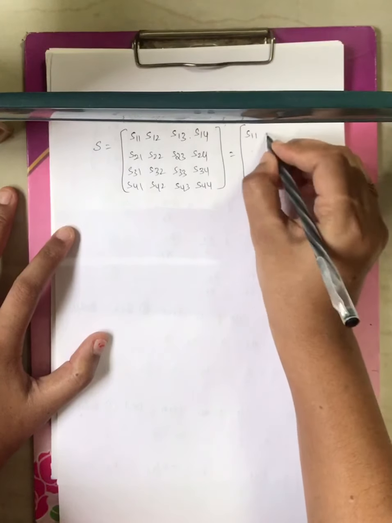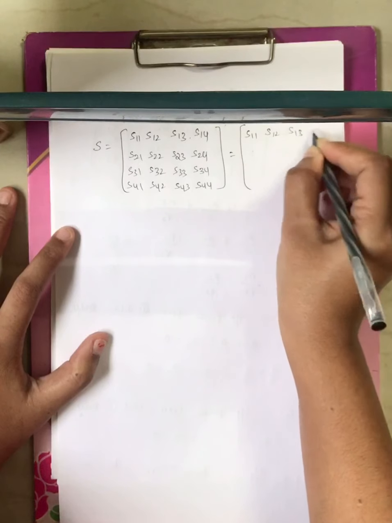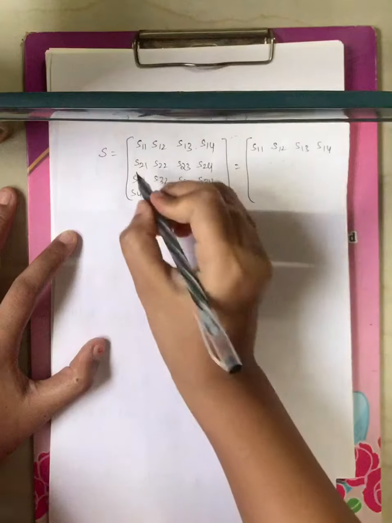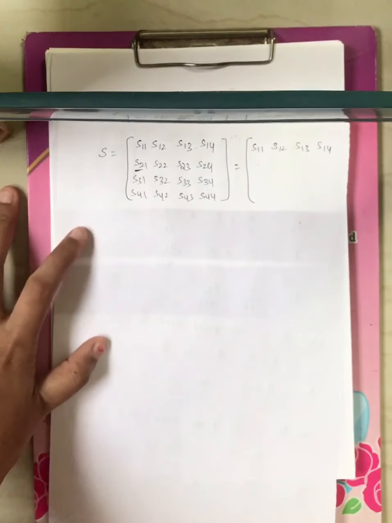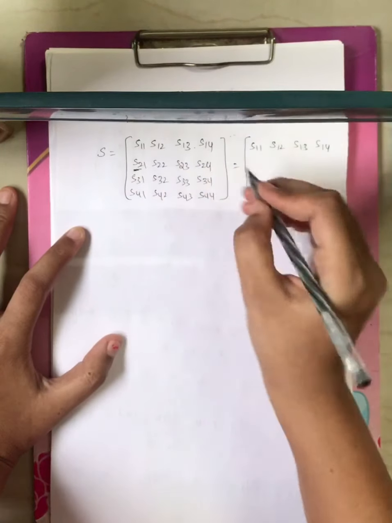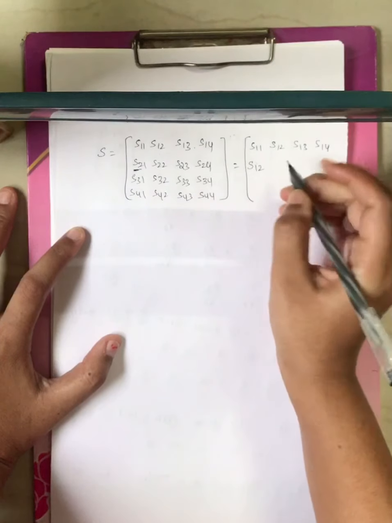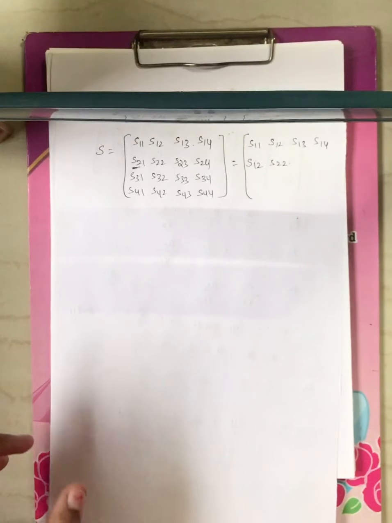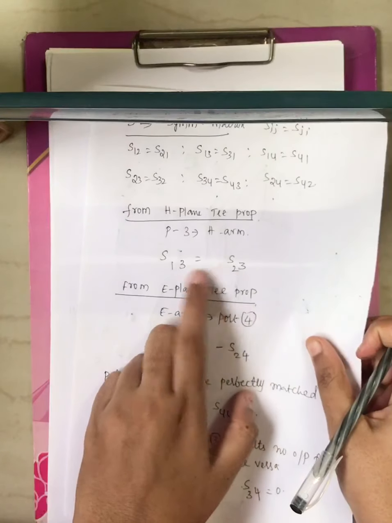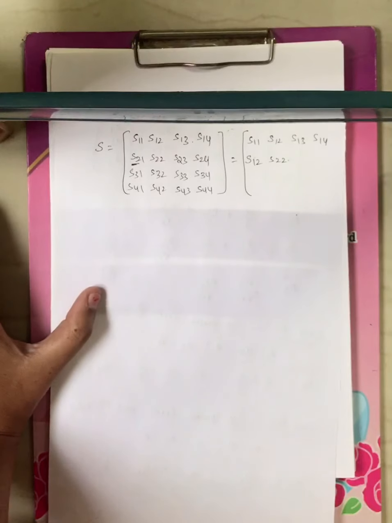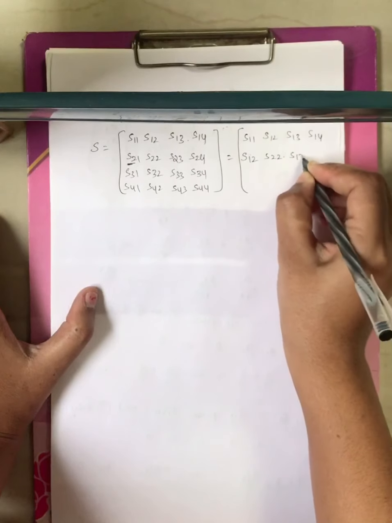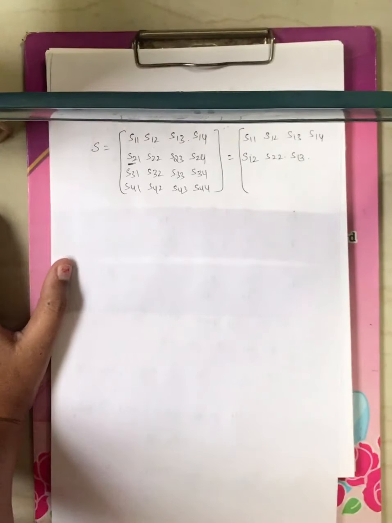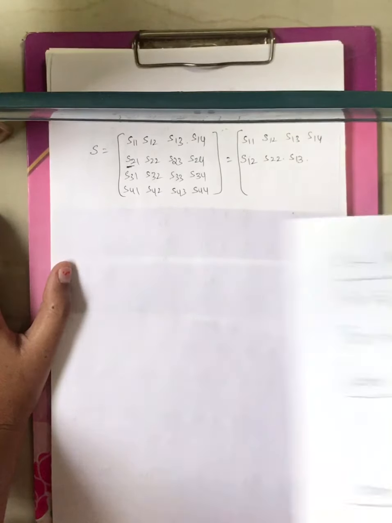S11 remains the same, S12 remains the same, S13 remains the same, S14 remains the same. Now what is S21? S21 equals S12, from the symmetric property. S22 remains the same. Now S23 equals S13, from the H-plane T property. Now what is S24?